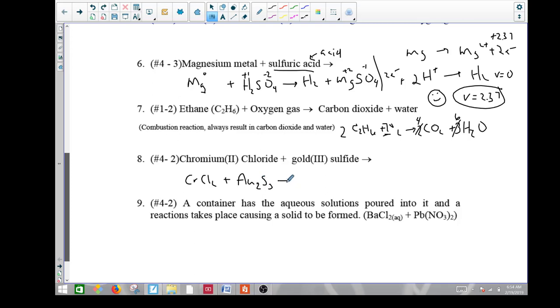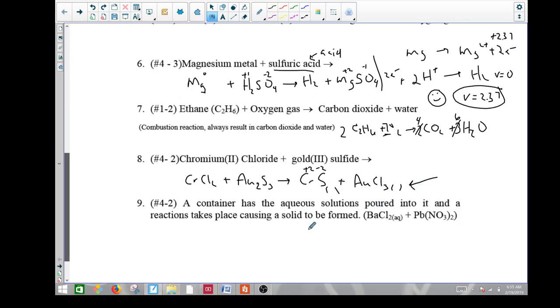This is a solubility reaction. So we're going to do chromium sulfide. Plus 2, minus 2, charges are not changing, and it's not a redox reaction. And we have AuCl, and this would be a 3 here. Check solubilities, and you're ready to roll. I'll let you check those.